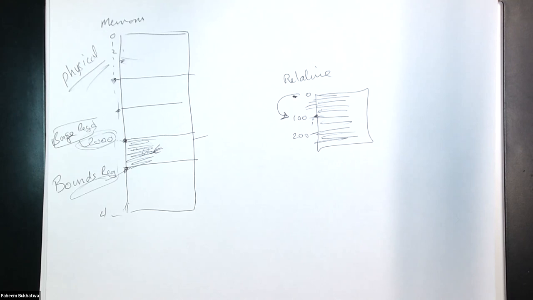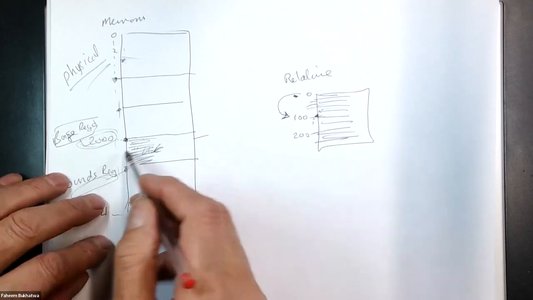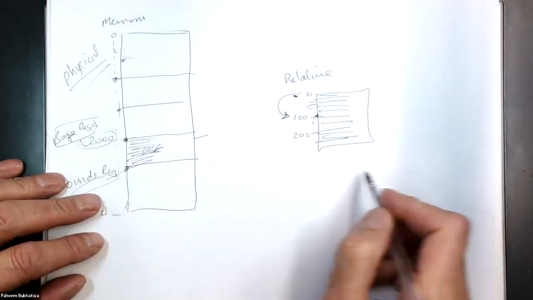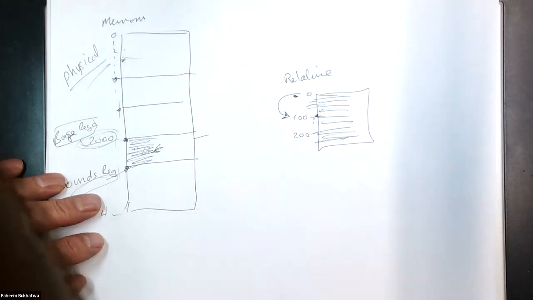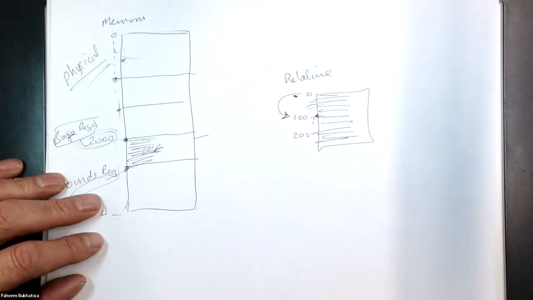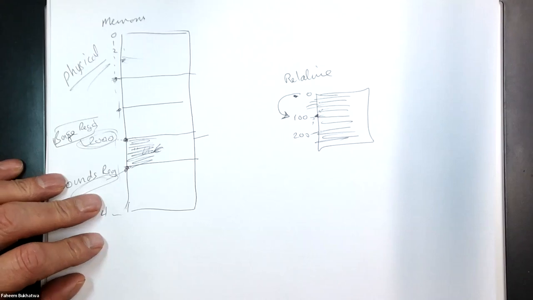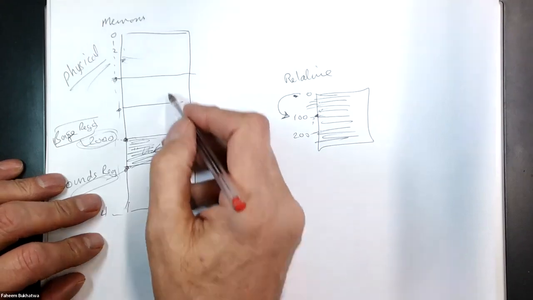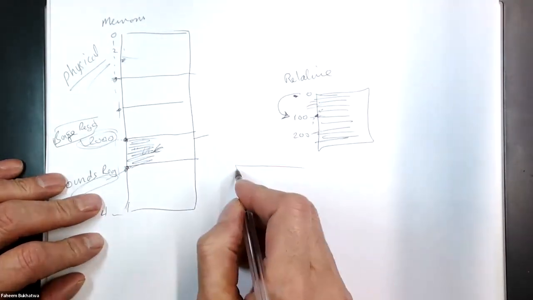Any idea? It overrides the program, the code, right? It goes and wipes off the code. No, it doesn't. Anybody else? Pardon? It marks it free. Where does it mark it? In main memory? In a table.